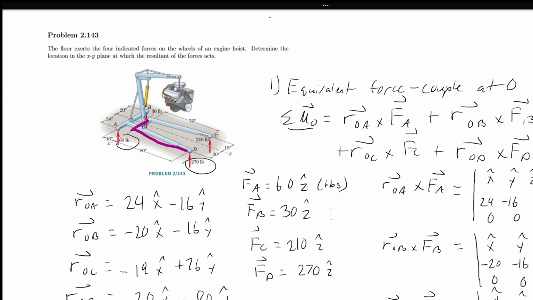All right, so the x component will be 76 times 210, 15,960, or plus in the x direction, and then minus 19 times 210, 3,990.